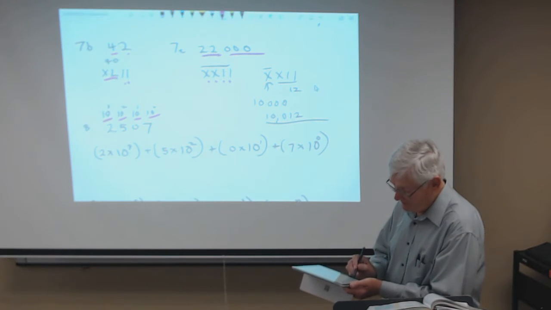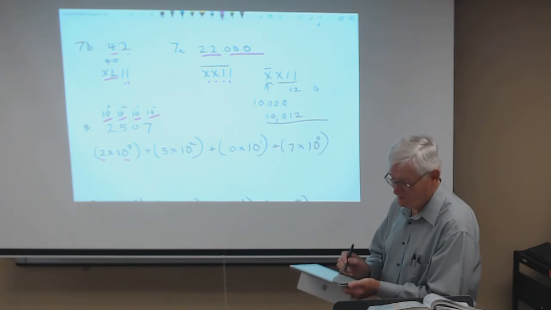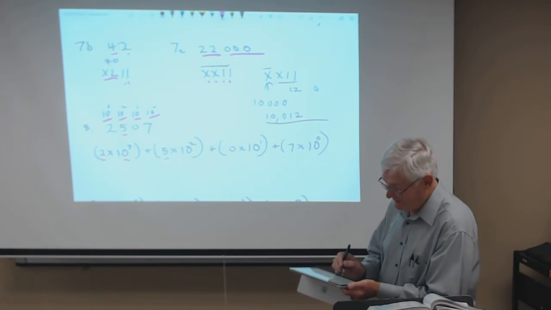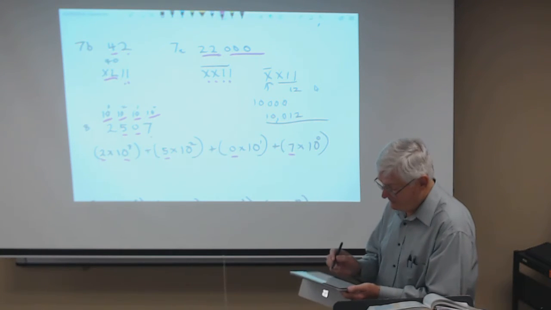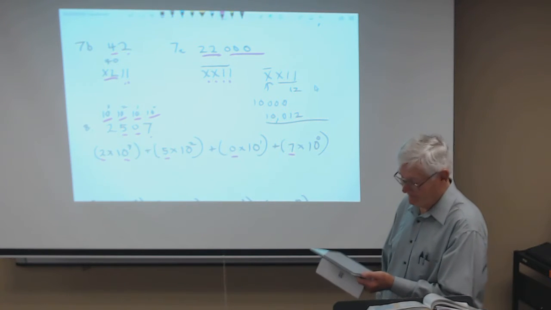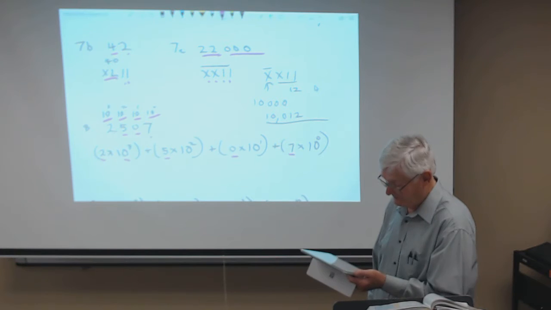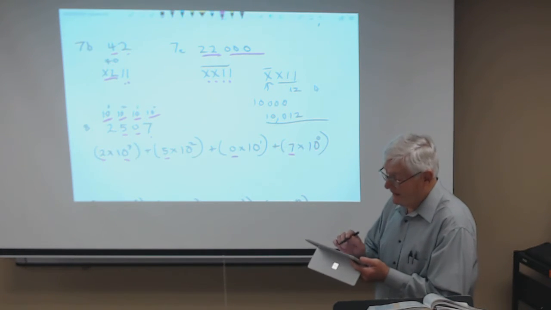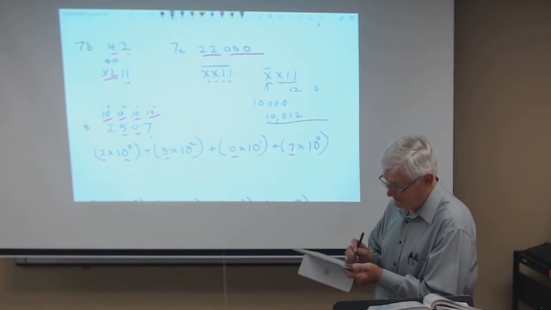So it's 2 times 10 to the third, plus 5 times 10 to the second, plus 0 times 10 to the first, plus 7 times 10 to the 0. Everybody follow that? That's expanded notation. What if one of the answers on the multiple choice part was this?